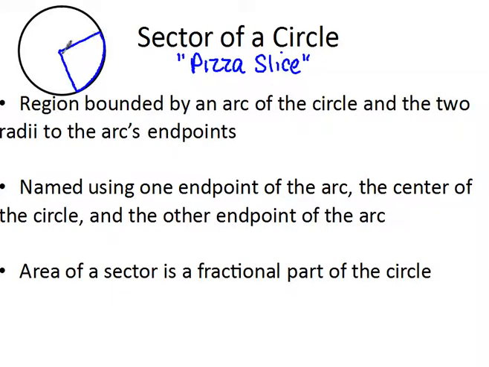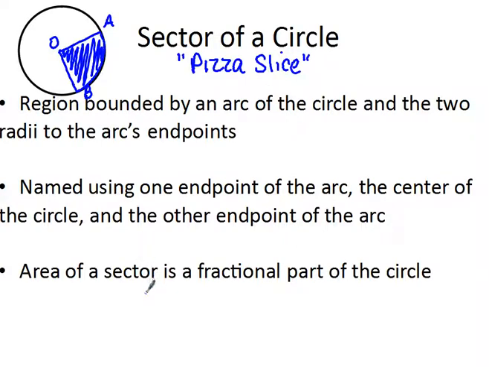This is a sector of a circle. Looks like a slice of pizza, doesn't it? Alright, it's named using one endpoint of the arc, the center of the circle, and the other endpoint of the arc. So if these had letters to them, then that would be sector AOB.